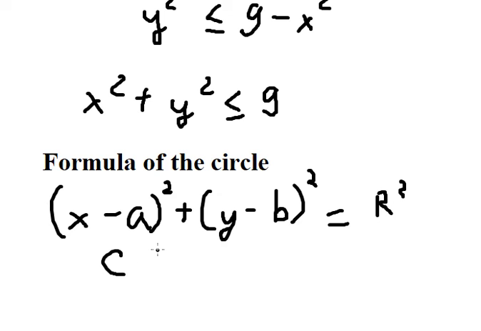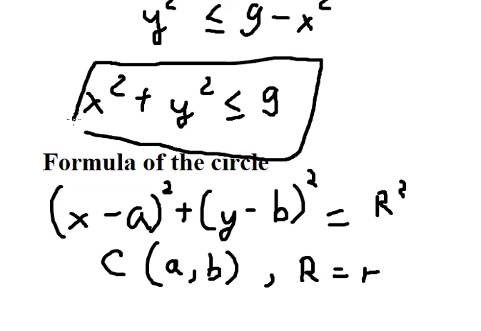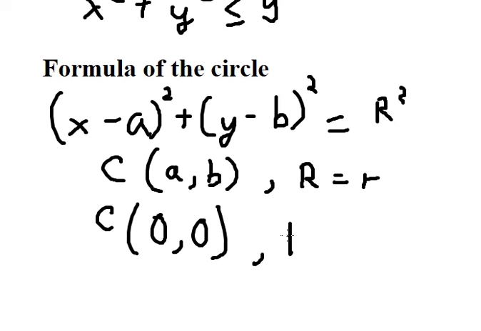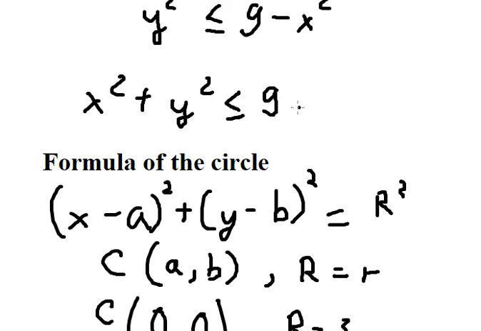The center of this one is (a, b), and the radius is R. So if we look at this one, we can see that the center is (0, 0). The radius is number 3, because number 9 is 3 squared.